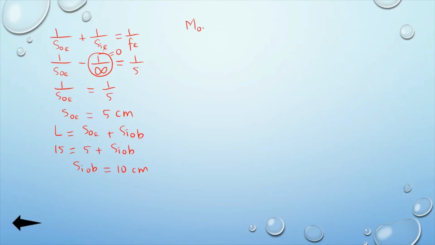MO equals SIOB over SOOB. MO equals 30, known from the problem, equals SIOB, which is 10 centimeters, over SOOB. So we get SOOB equals 10 over 30, or 1 over 3 centimeter.